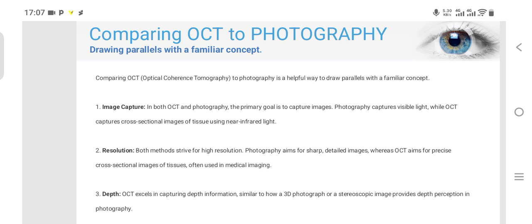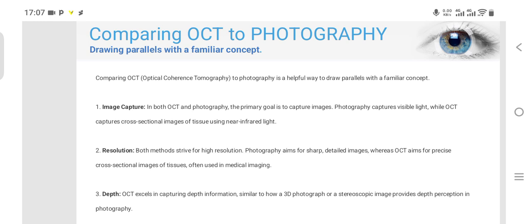When you talk about resolution, you can say that both methods strive for high resolution. Photography aims for sharp, detailed images, whereas OCT aims for precise cross-sectional images of tissues, often used in medical imaging.